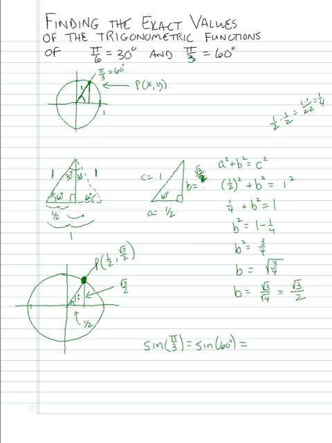It's the second coordinate, which is the square root of 3 over 2. And the cosine of pi/3, well, that's the same as the cosine of 60 degrees, and that's the first coordinate of the point, that's 1/2. So this is what we need to get memorized. Now from that we can calculate the others.